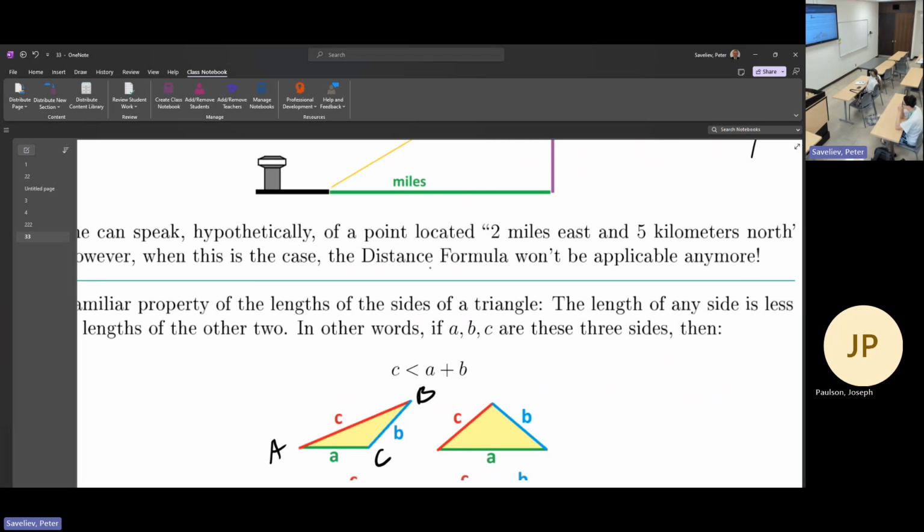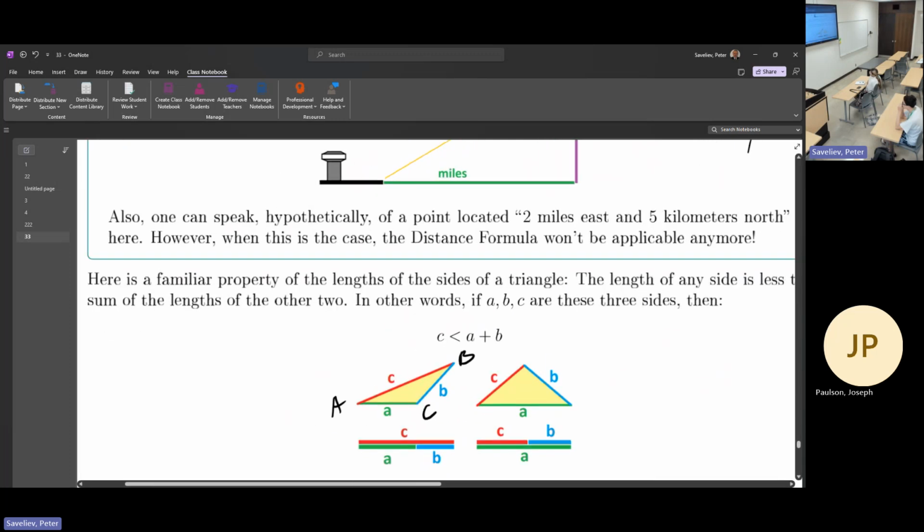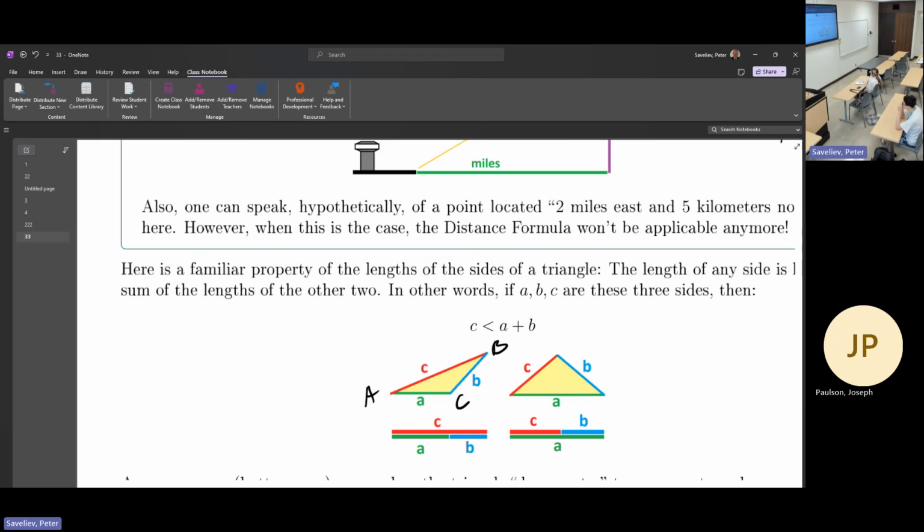Mathematically we call it the triangle inequality. It applies to triangles, but in addition, the points may happen to lie on the same line, which means that there is no triangle, as at the bottom there.